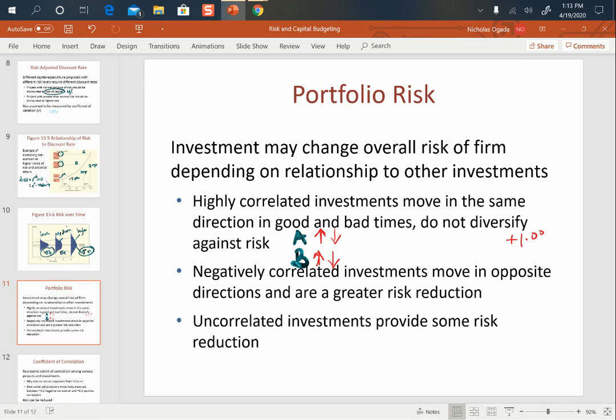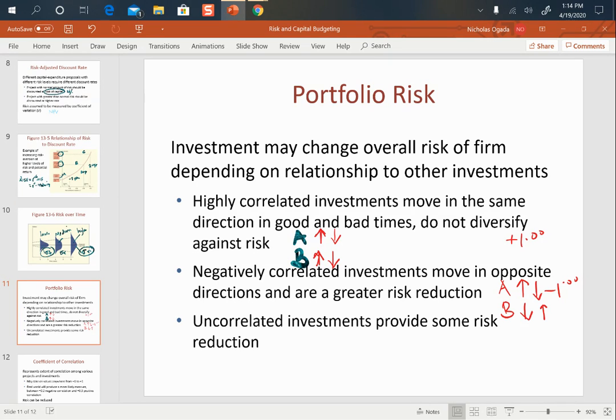So if you want to reduce the risk, you're going to have A and B, and you're going to try to choose the perfectly negatively correlated, where we're talking about a negative 1.0. In this case, if you gain here, you lose here, or if you lose here, you gain here.